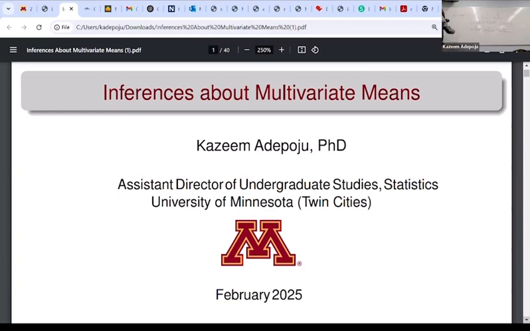We may simultaneously want to test that the average of this is equal to a value, the average of this is equal to another value, and the average of that is equal to another value. So with that, we can conduct inferences about multivariate means. We have more than one mean, and we want to simultaneously test that the means are equal to hypothesized values, not just one mean but several means. Do you understand our intention now?